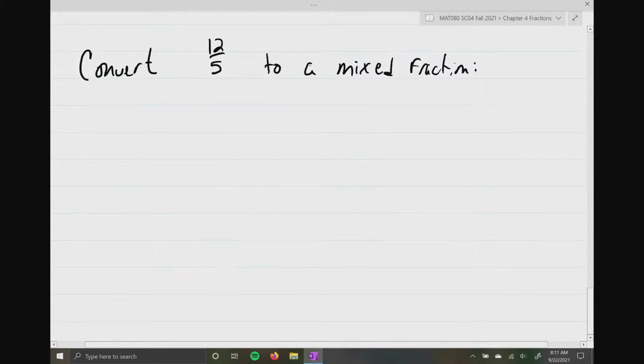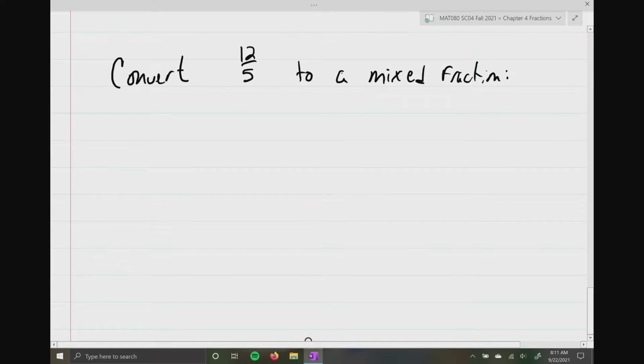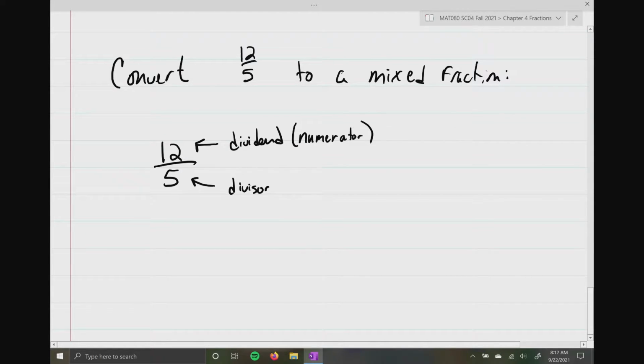Okay, so real quick, let me label things here. So with 12/5, the top is called the dividend, and it's also called a numerator. The 5 would be your divisor, and that's also called a denominator.